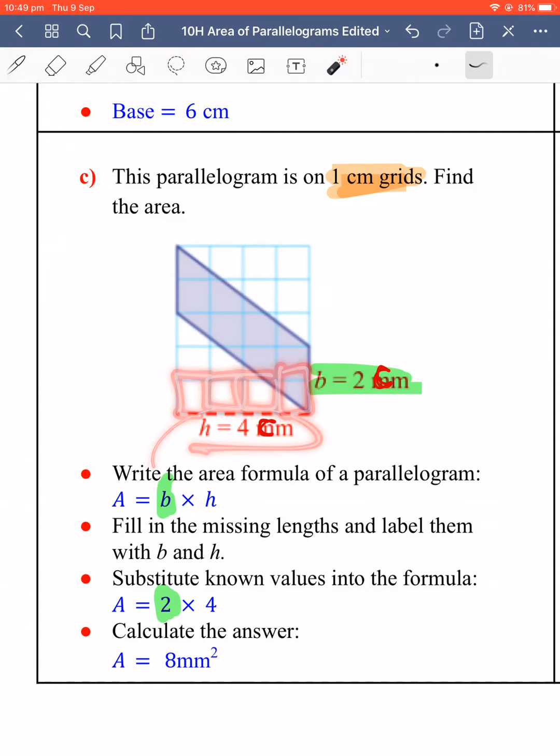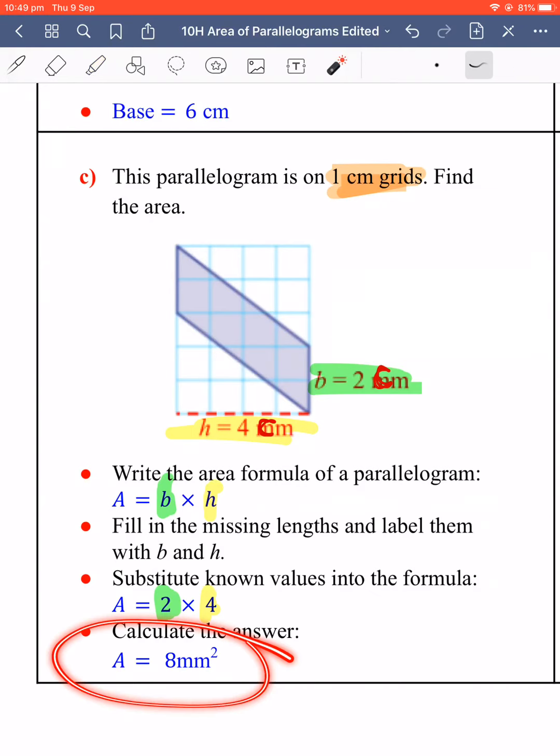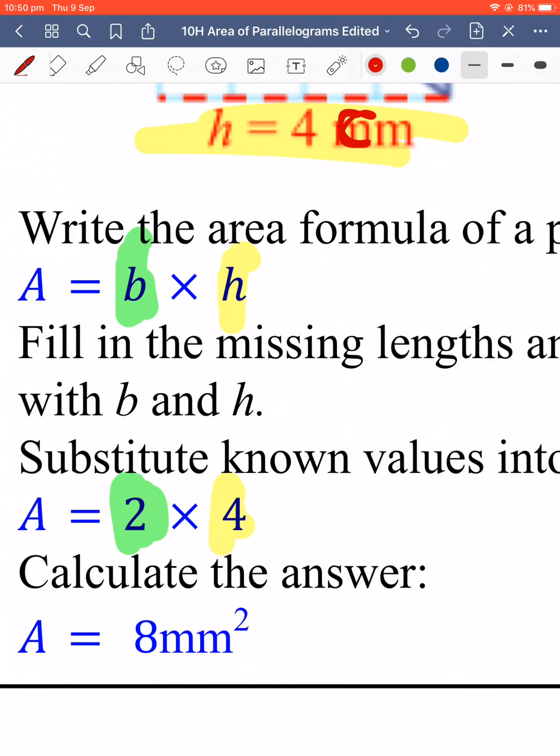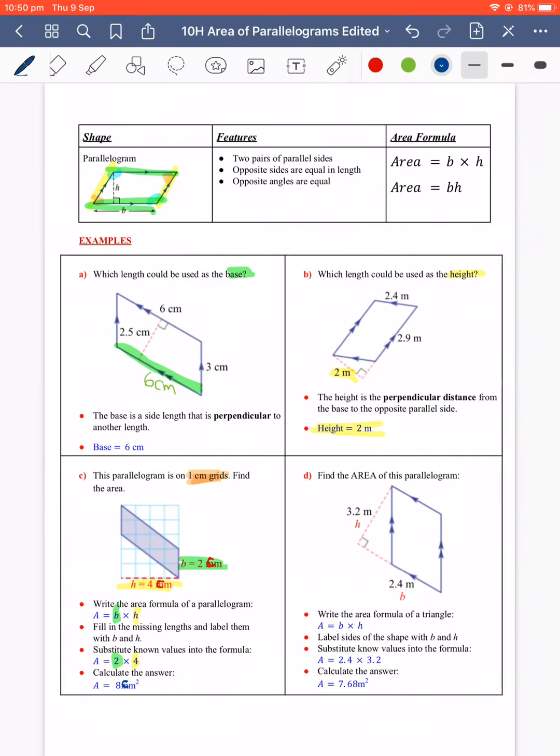So my height is going to be 4 centimeters. Again, I can annotate my diagram, fill in my missing letter, and I end up with my answer, and that will be in centimeters squared.